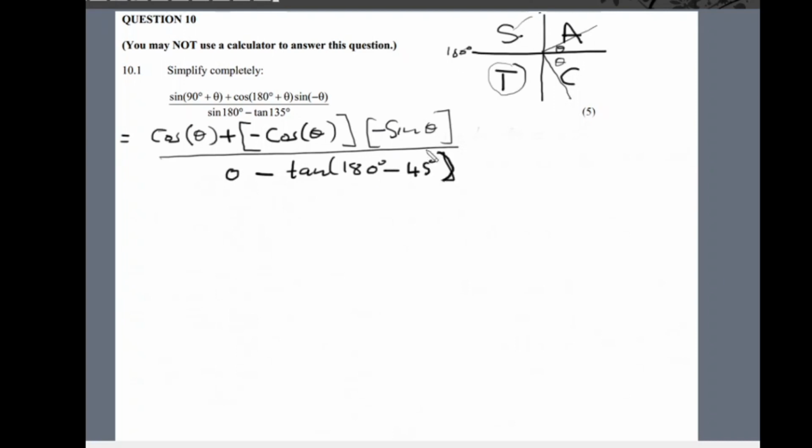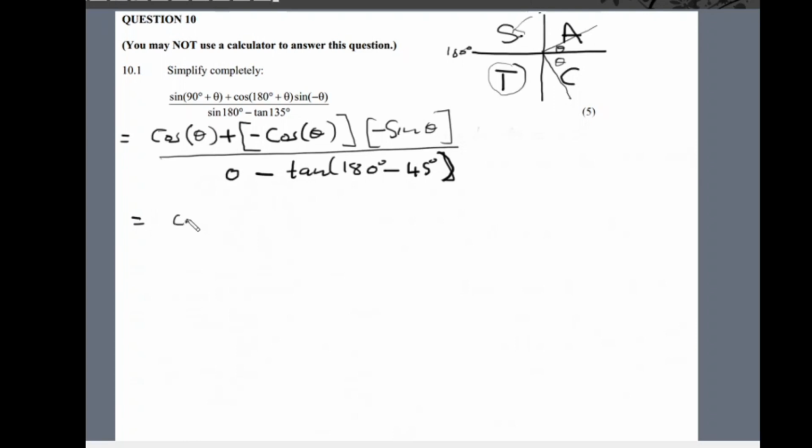Using your reduction formulas and looking at the CAST diagram, 180 minus 45 is in the second quadrant, and in the second quadrant only sine is positive. So it means we'll have minus tan 45 in our denominator, right?